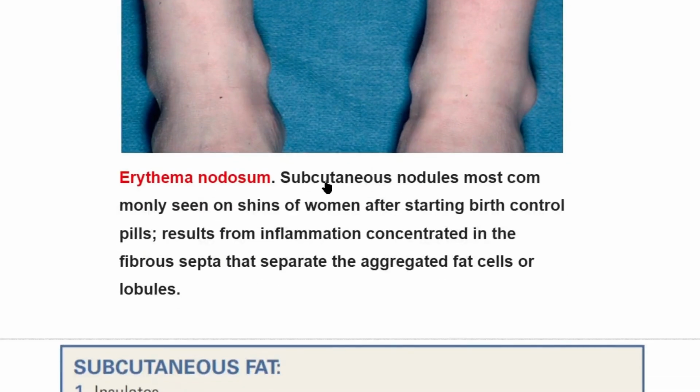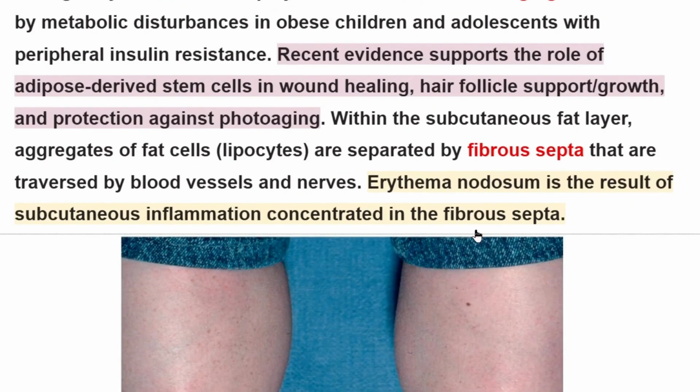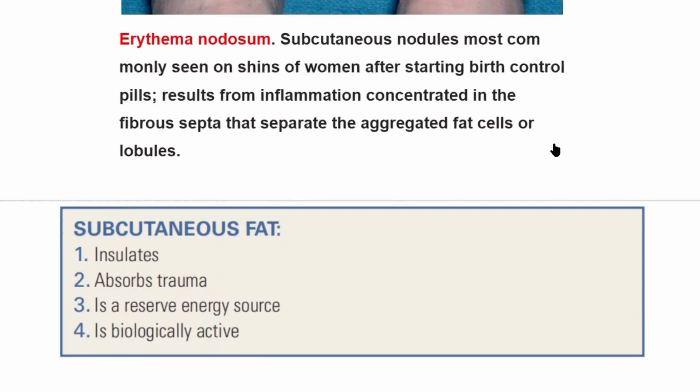Erythema nodosum, subcutaneous nodules most commonly seen on the skin of women after starting birth control pills, results from inflammation concentrated in the fibrous septa that separate the aggregated fat cells or lobules. As we can see here, erythema nodosum usually happens in the fibrous septa.